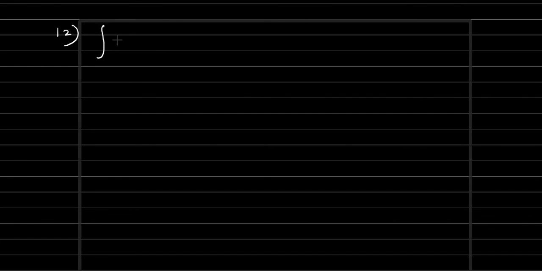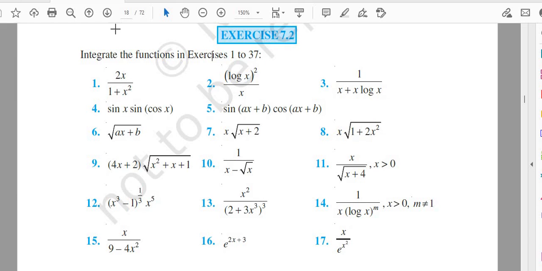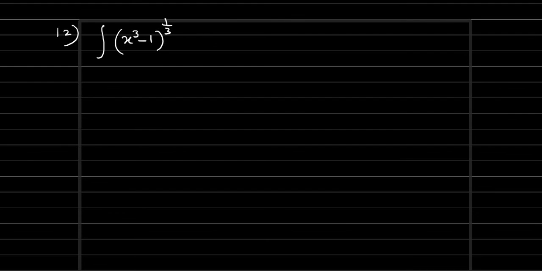So from the given, what is the function? Integral x cube minus 1 power 1 by 3 into x power 5. Since it has a power 1 by 3, x power 5 we can't multiply inside. We need to do some simplification, but simplification is not possible because of that.